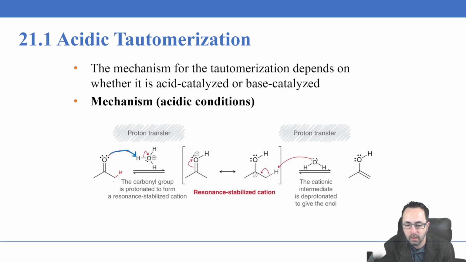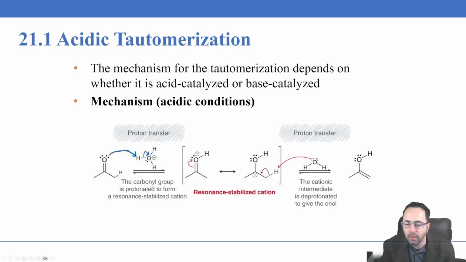By protonating it, you make the carbonyl carbon even more positive, which makes it attractive towards nucleophiles or for other reactions. So in this case, we have a proton transfer: this lone pair goes and grabs this proton and creates a bond with it, leaving an oxygen with two bonds and two lone pairs, giving it zero formal charge.